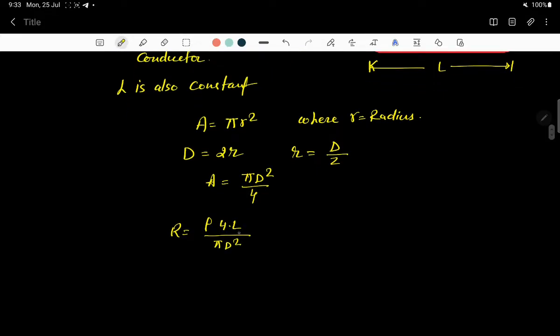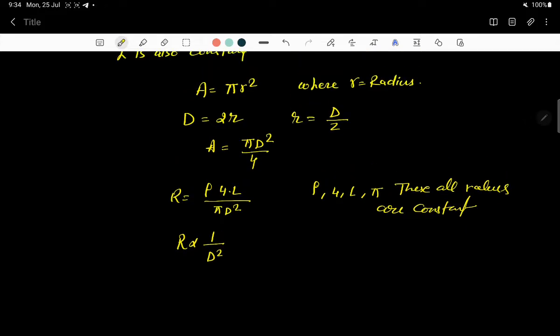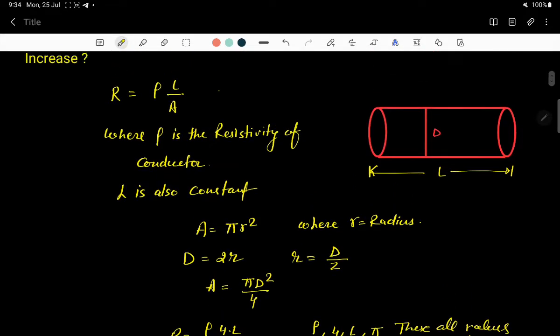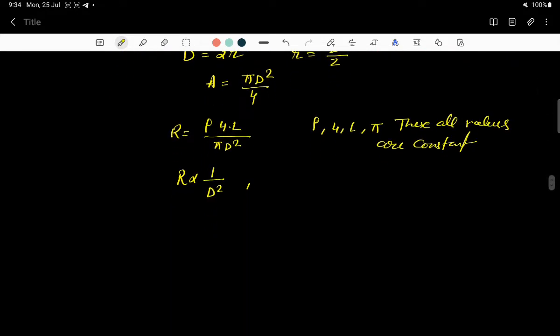Here we can see that rho, 4, L and also pi are all constant, so we can say that R is inversely proportional to 1 upon d squared. If the resistance in the first case is R and d is the diameter of the wire, and we decrease the resistance by 20% of its initial value, the final resistance is R dash.